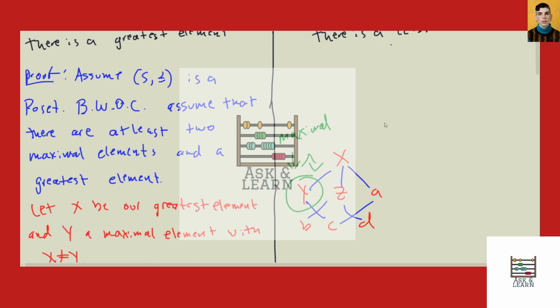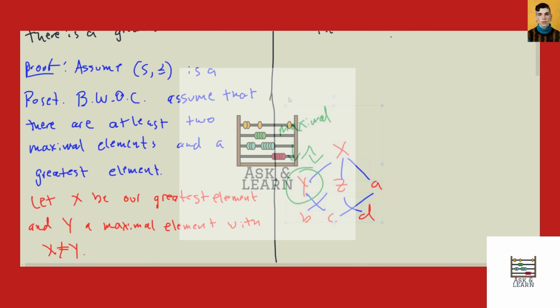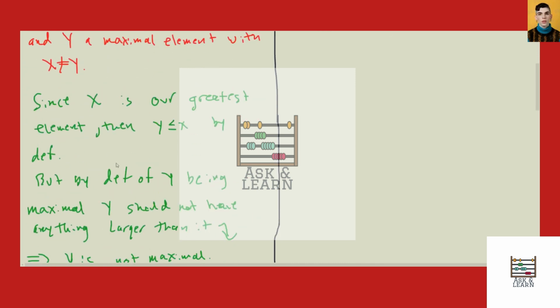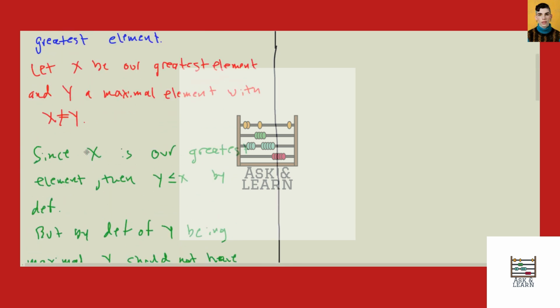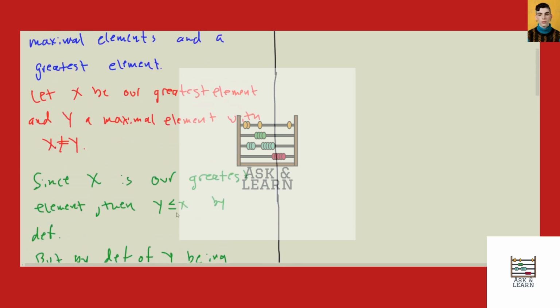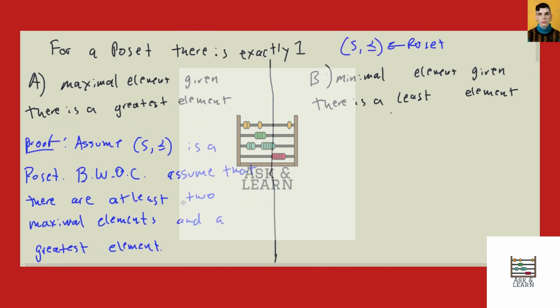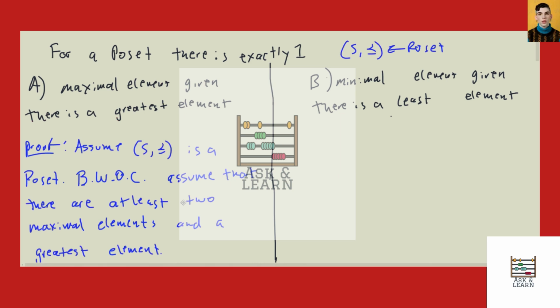If you just copy and paste what we did over there and move x to the left and y to the right, you'll end up with the same thing. Let's go ahead and see what we get though, and write it out again.